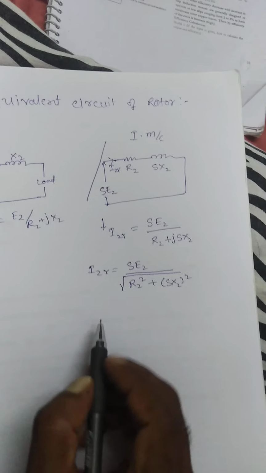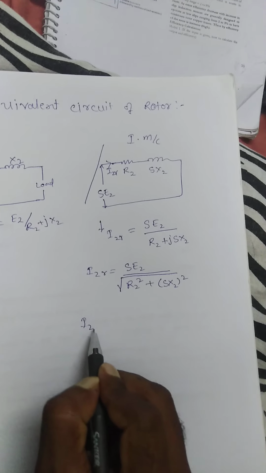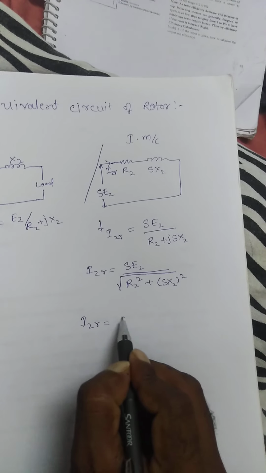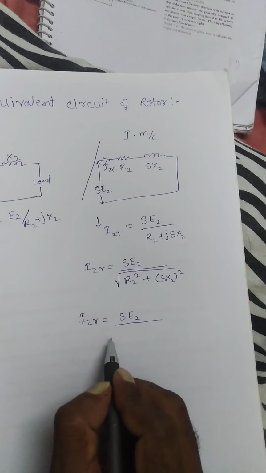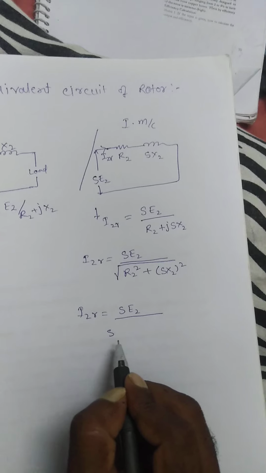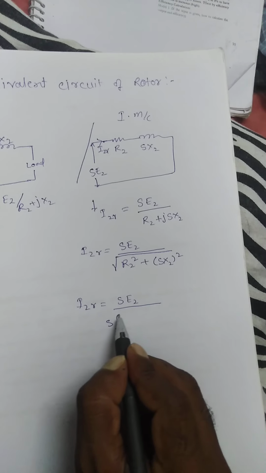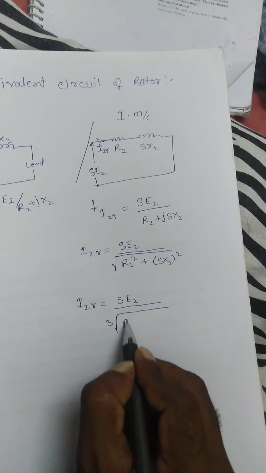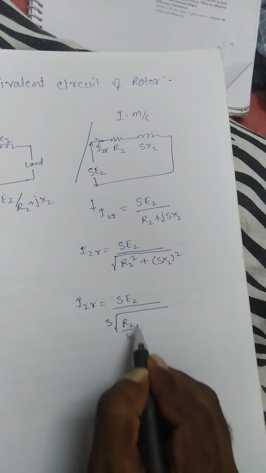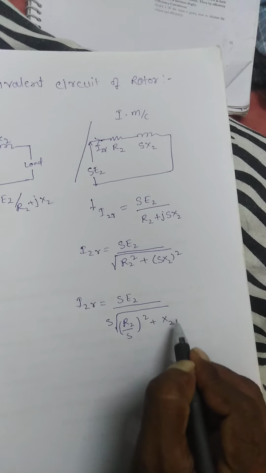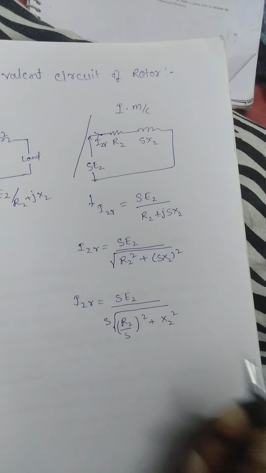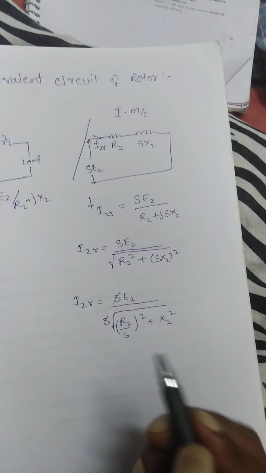Okay, so in this equation, if s is taken as common in the denominator, then it becomes the square root of (R2 by s) squared plus X2 squared. Okay, this s and s are common, so they cancel.